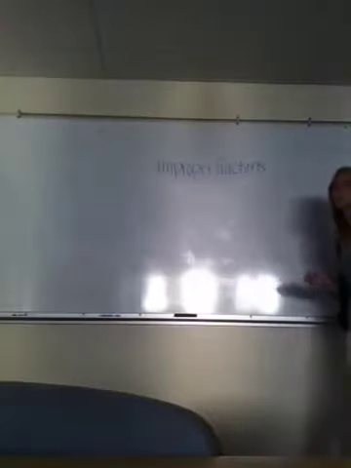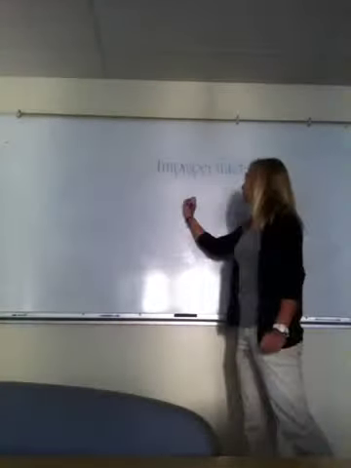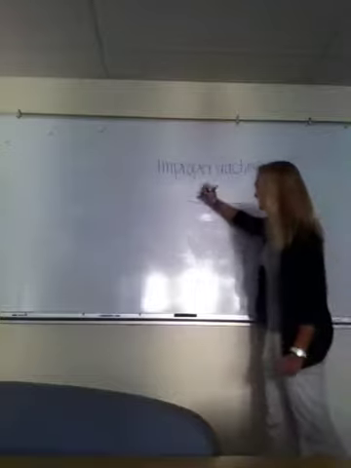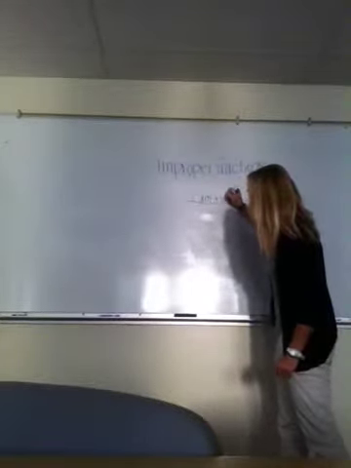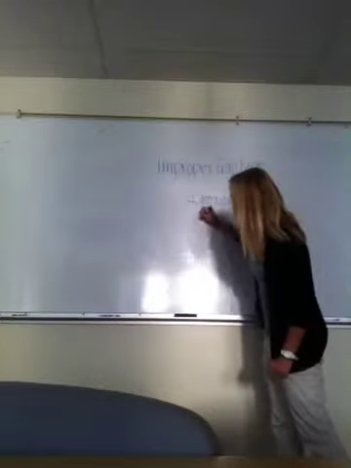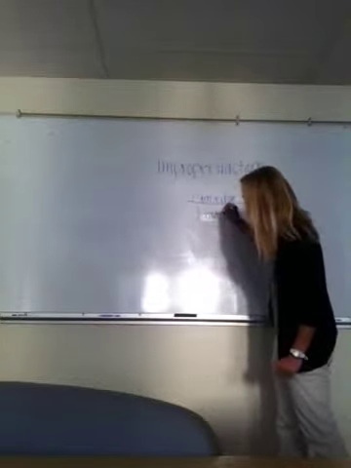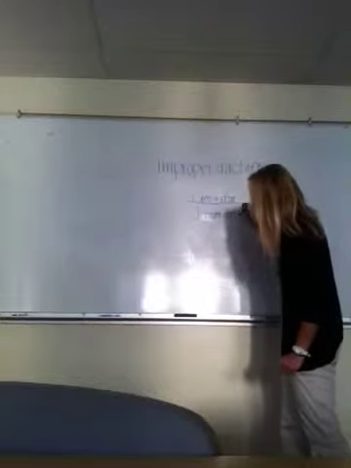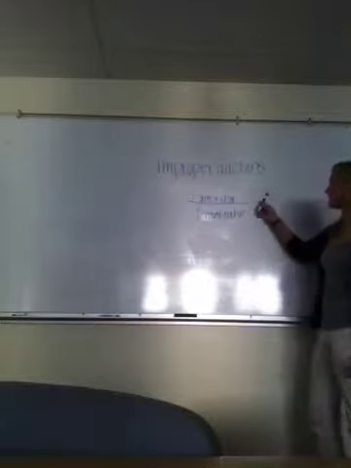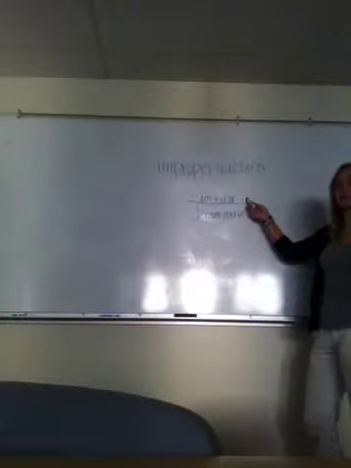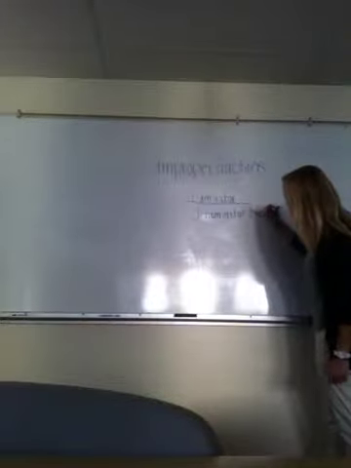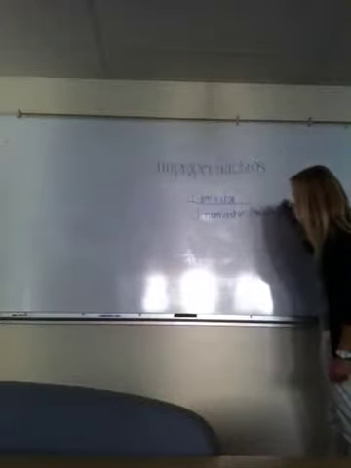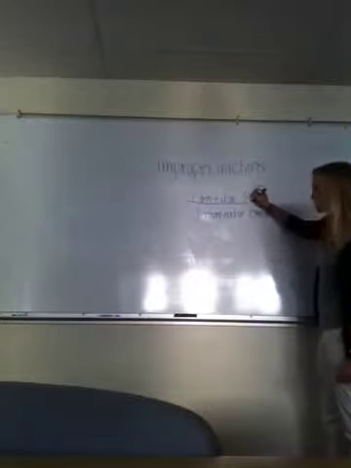Improper fractions have a numerator and a denominator, just like any other fraction. But what makes them special is that instead of having the numerator being the smaller number, we are actually going to have the denominator being the smaller number. And the numerator is going to be our larger number.